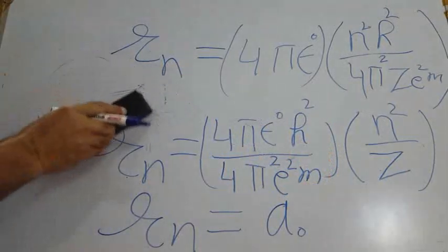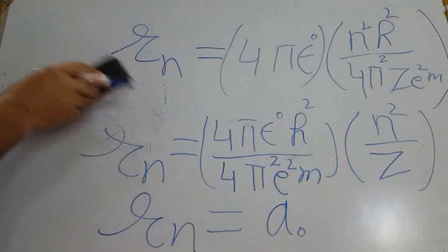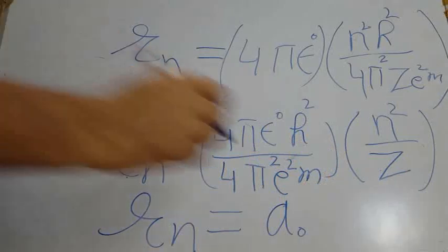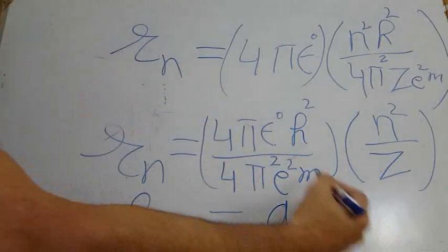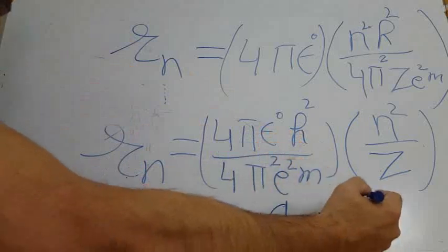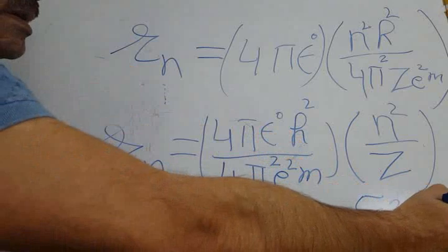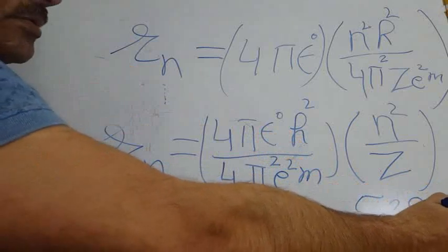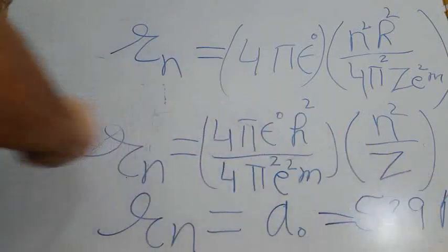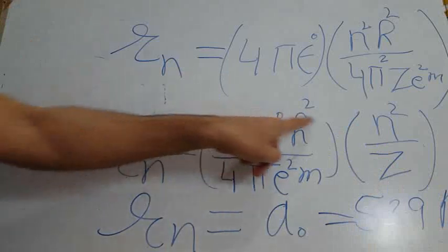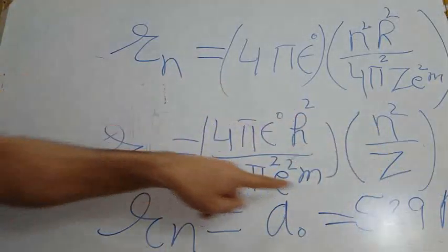And A0, by calculating this, comes out to be 52.9 picometer. And by putting this value, it comes out to be this much.